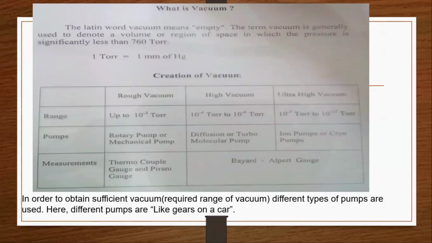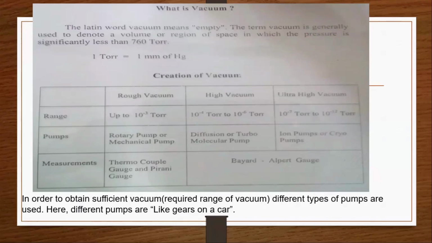So in order to obtain the vacuum, different types of pumps are used. Different pumps are like gears on a car, right? As I told you, suppose if I want to go for an ultra high vacuum, directly I cannot go for an ultra high vacuum. I have to do the roughing. After roughing I have to go for the medium vacuum, then high vacuum, and after the high vacuum, we need to go for the ultra high vacuum, right?